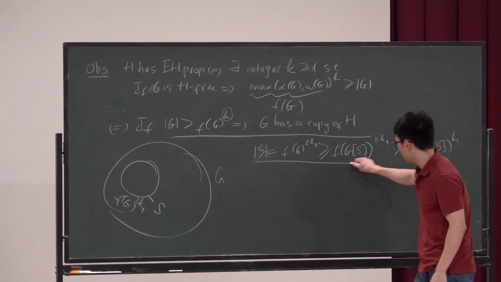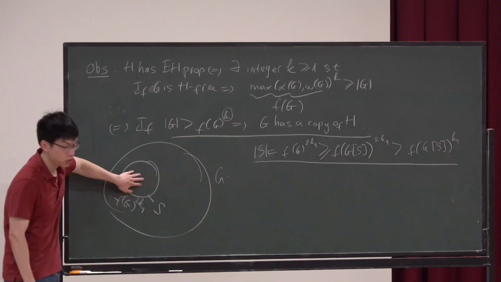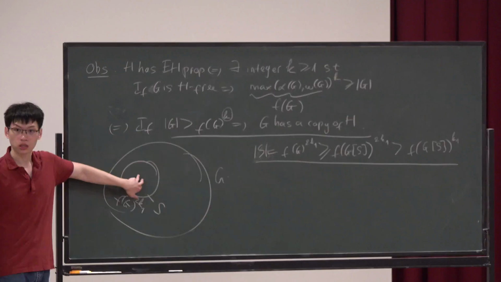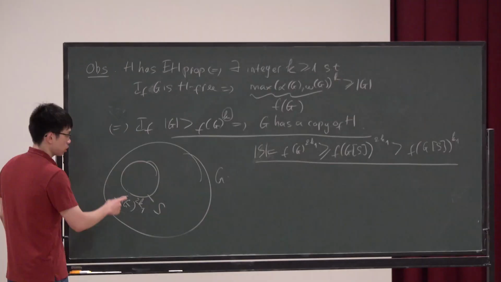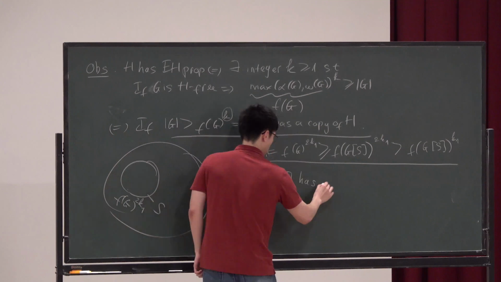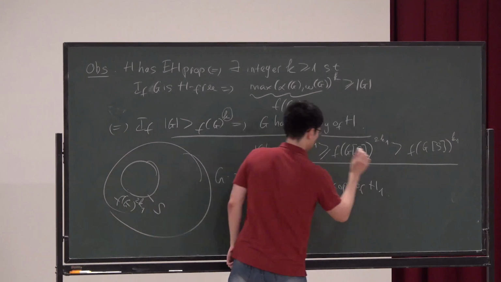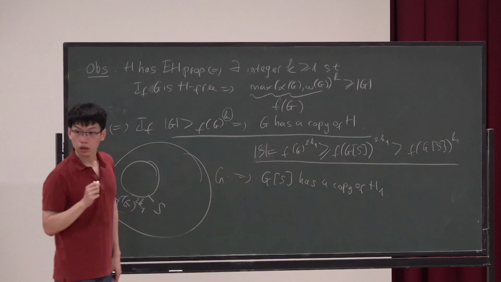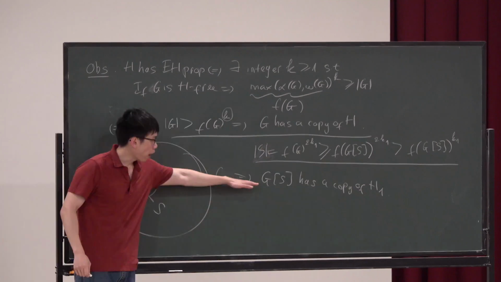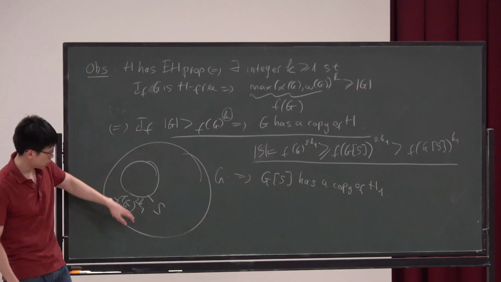And what this means is S is going to contain a copy of H1, right? So G[S] has a copy of H1. And the point here is this is true for every vertex subset S of G of this size.